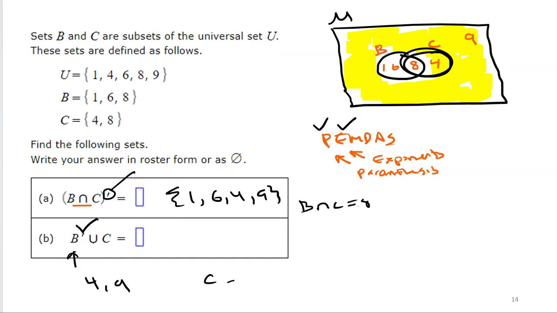Again, C is equal to 4 and 8. So we already have 4, we just need to include the 8. So our answer here is going to be 4, 8, and 9. Again, if that was confusing, I can go over it a little bit more after, but I have about 6 minutes left.